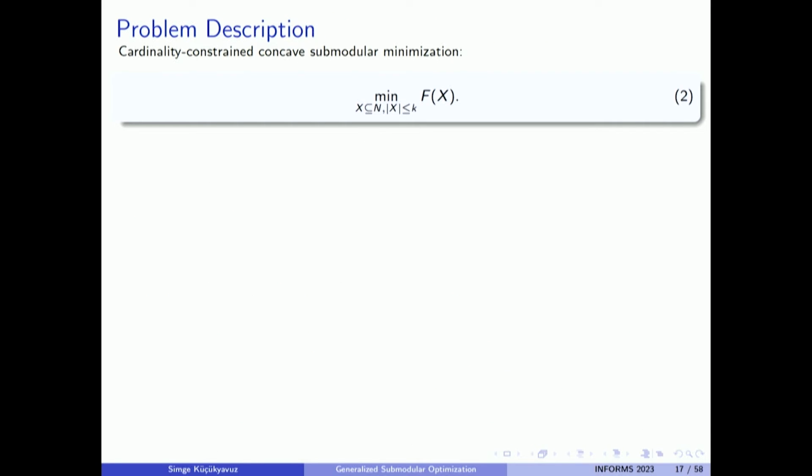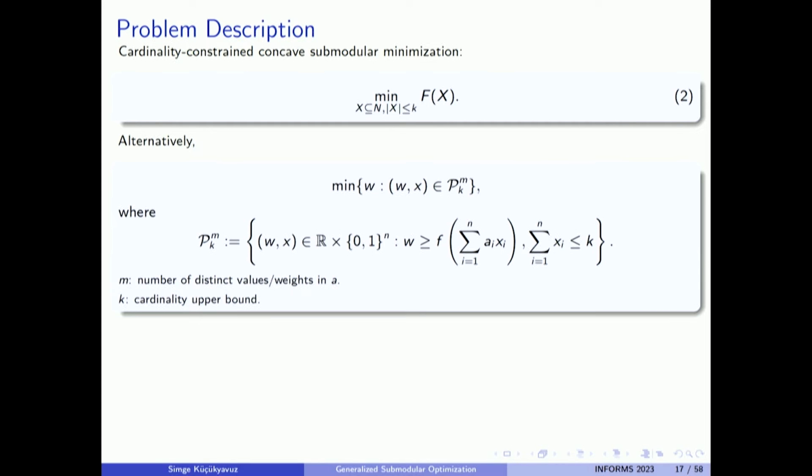All right, so what can we do about this problem? Again, this is in the vanilla form without additional constraints. This will be a cardinality constrained concave submodular minimization problem in the form that I showed you. And again, we're interested in posing this as a mixed integer linear program. In the weight function ai, the variances, we're going to also introduce another notation, little m.